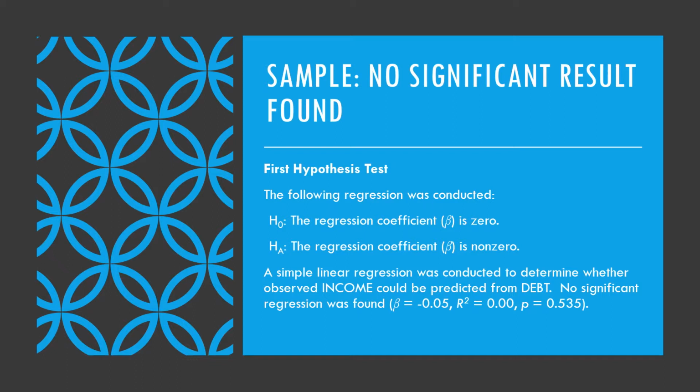A simple linear regression was conducted to determine whether observed income could be predicted from debt. No significant regression was found because beta equals negative 0.05, R squared equals 0, and our p was 0.535, which is way more than the alpha of 0.05.